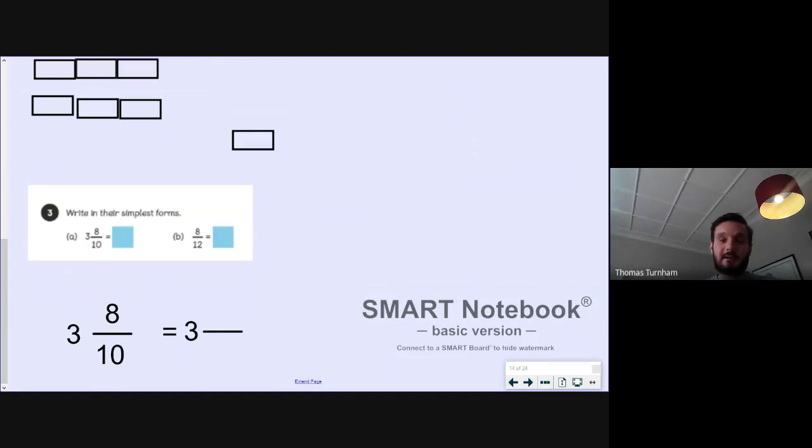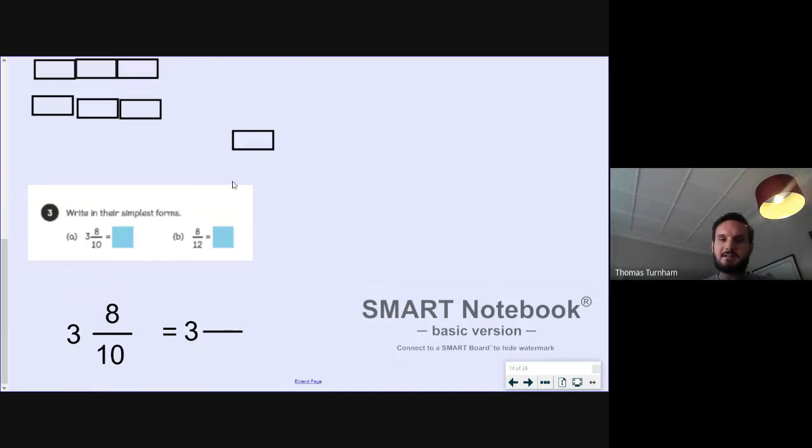So I could make that 4/5. Could I do anything else? I know I can divide 8 by 4 to get 2. Can I divide 10 by 4? Not really, because I'd end up with a decimal. And remember from yesterday's lesson, we don't have decimals in fractions. They have to be whole numbers. So 3 4/5 would be my simplest form.